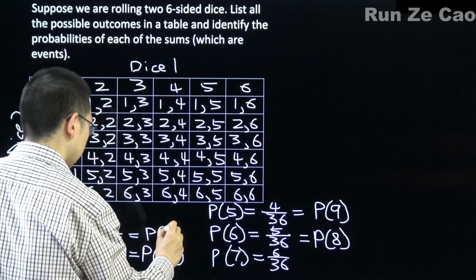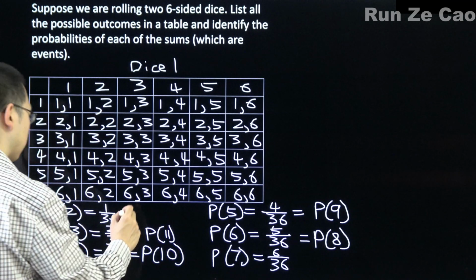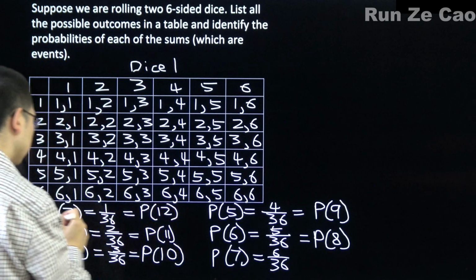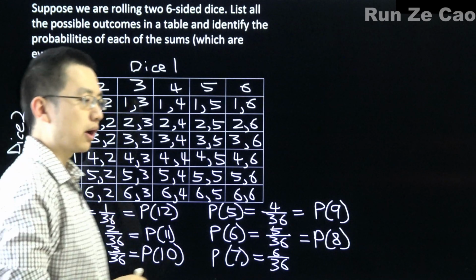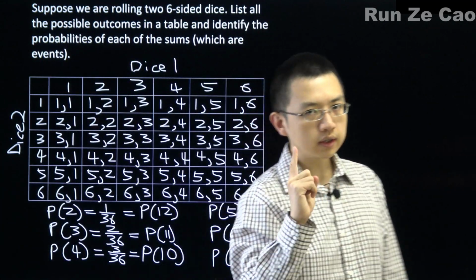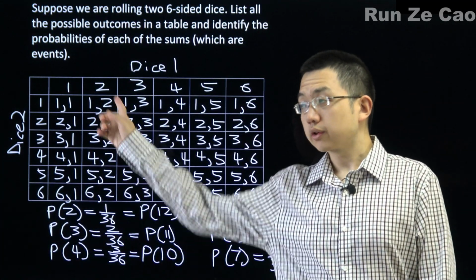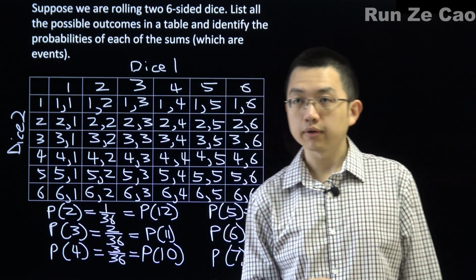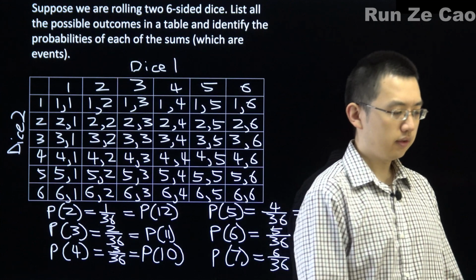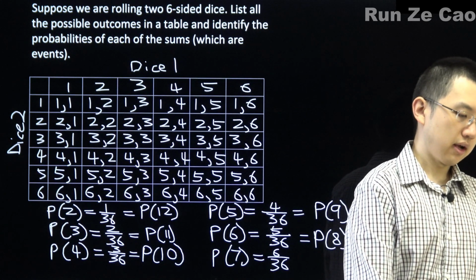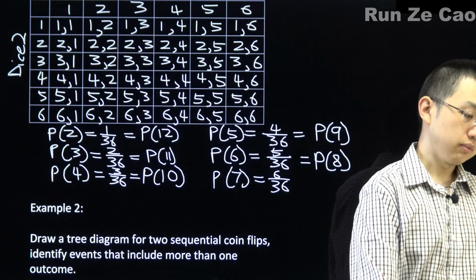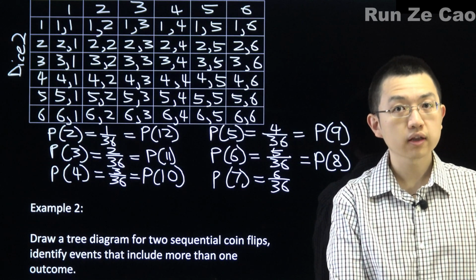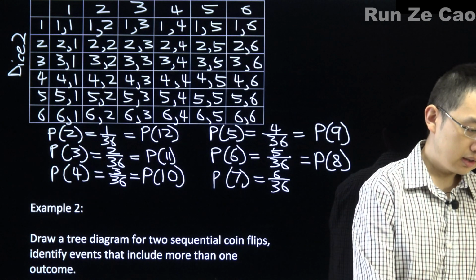P11 is equal to P3, and P12 is equal to P2, in that you have to roll one particular die the first time, so 1 or 6, and then you have to roll that same particular die a second time, so you get 1 6 times 1 6 for either one of these outcomes. Of course, if you count P2 or 12, then that's 1 over 36 plus 1 over 36.